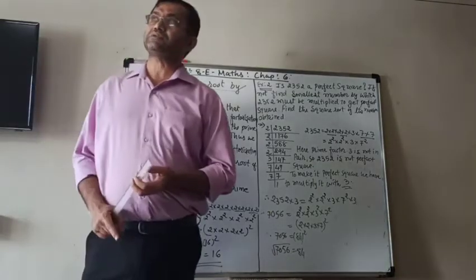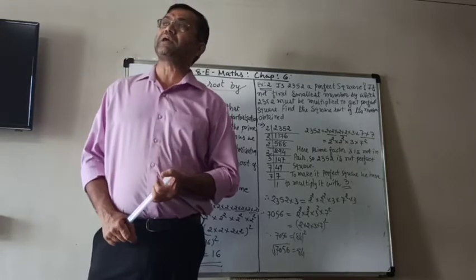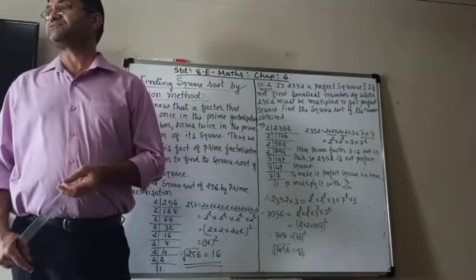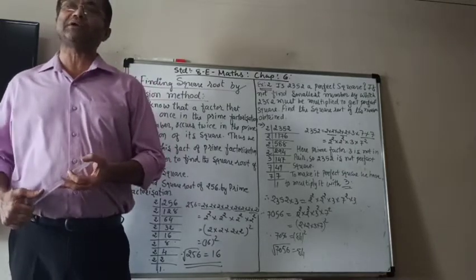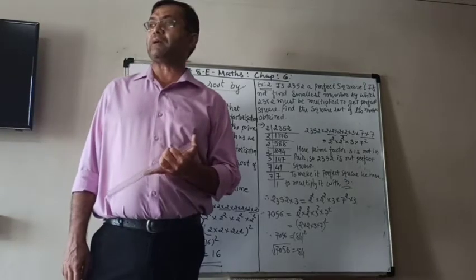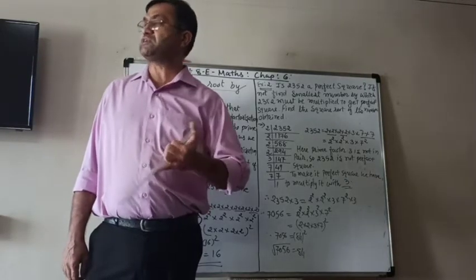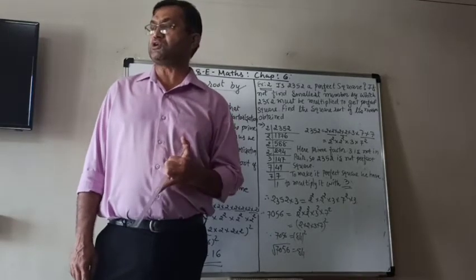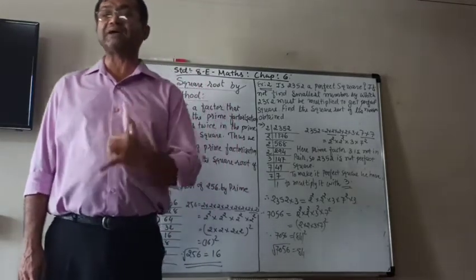We also learned that the square root of a number can be positive and also negative, because the square of a negative number is also a positive number. Minus 7 multiplied by minus 7, that is, minus 7 squared, is also 49. So the square root of 49 can be 7 and it can also be minus 7.